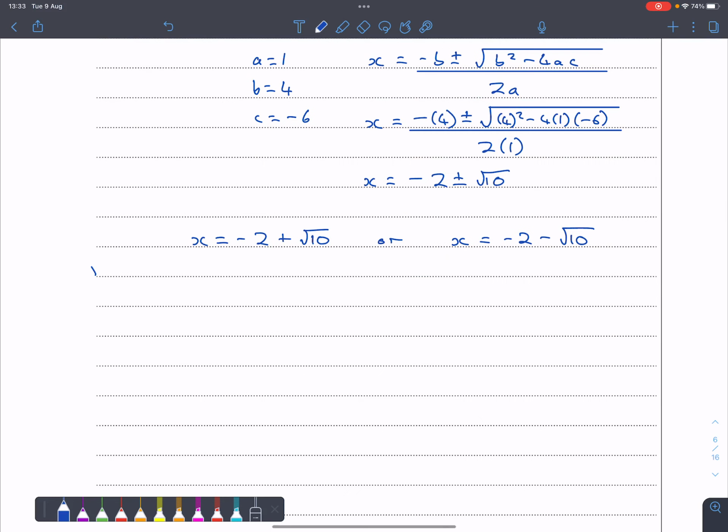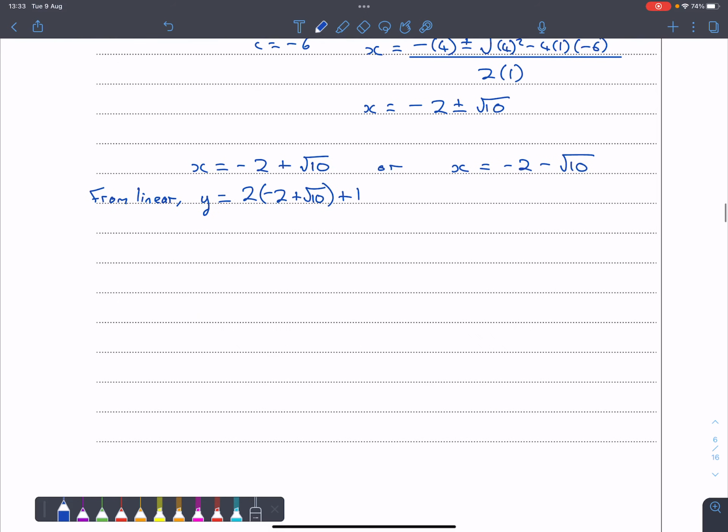So on this one, my y is going to be 2 lots of negative 2 plus root 10, plus 1. So that's negative 3 plus 2 root 10.